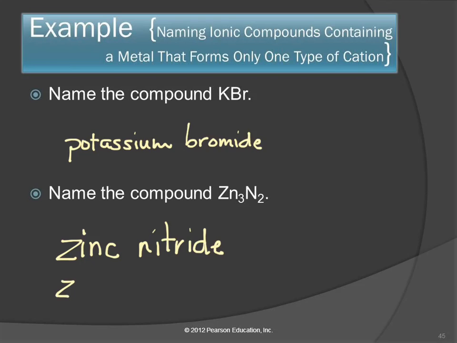We know that zinc has a 2+ charge and nitrogen has a 3- charge from looking at their positions in the periodic table. And then we do that crisscross thing and we end up with Zn3N2. So the charges tell us what the ratio is, not directly. It doesn't scream it or have it in flashing neon lights, but it's in there. And so we don't use prefixes or anything in our ionic compounds. Any questions?